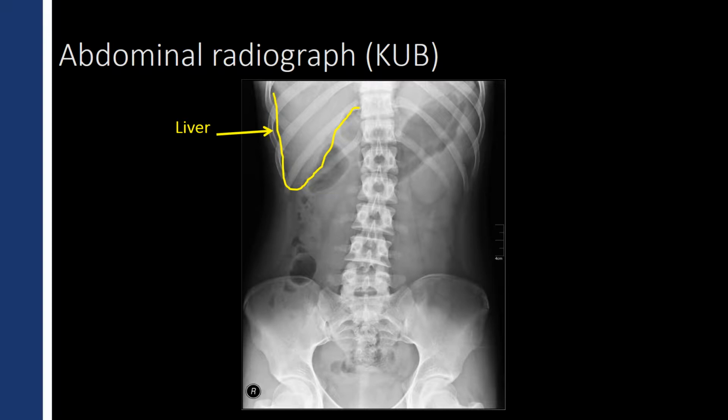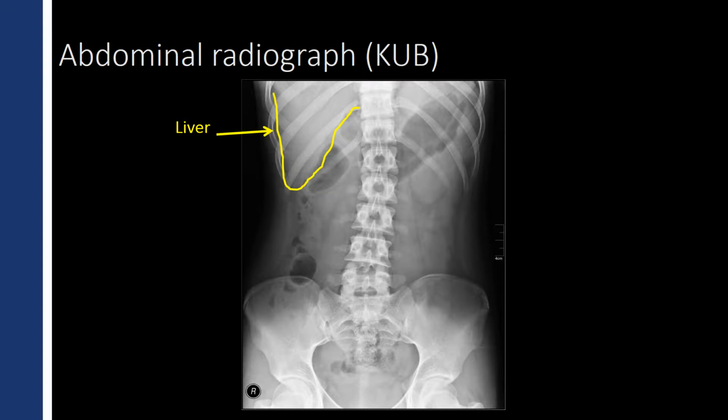Don't even worry about that. They're not going to ask you that on boards, and they shouldn't give you an x-ray that shows a Riedel's lobe. So if you see an x-ray with a large liver on your boards, then consider it a large liver. But the liver we will pretty much always see up in the right upper quadrant of the abdomen.